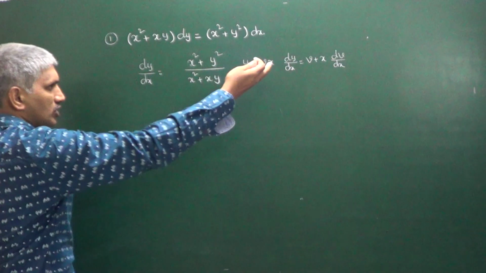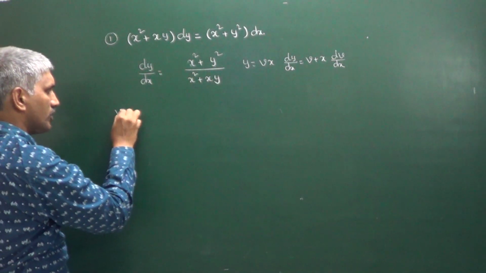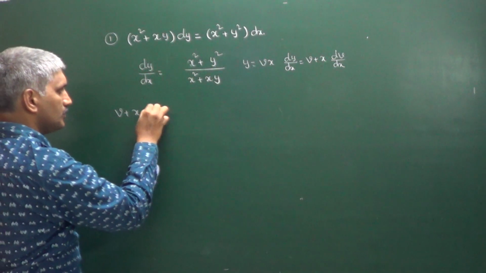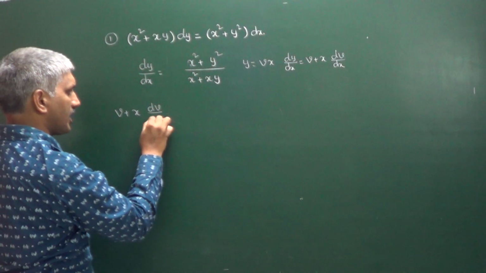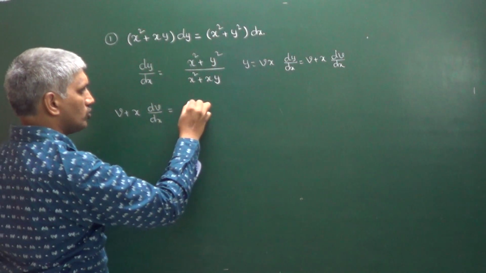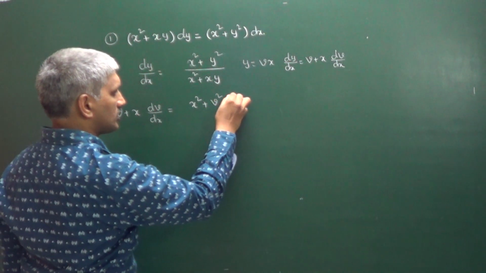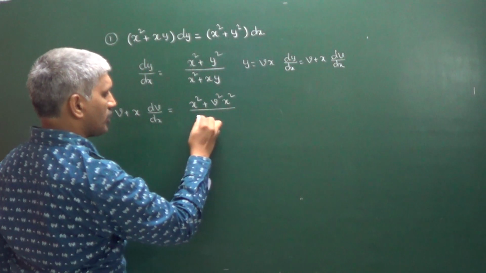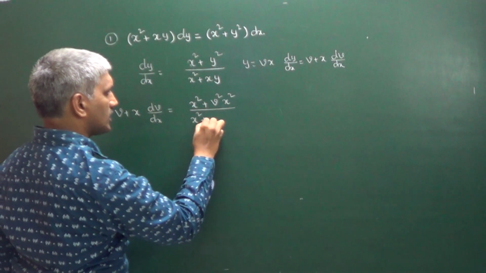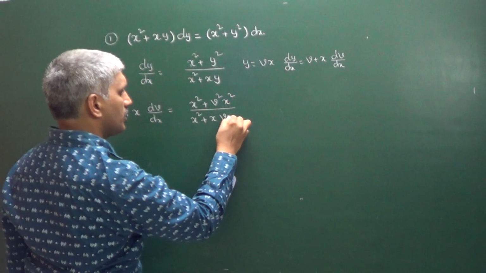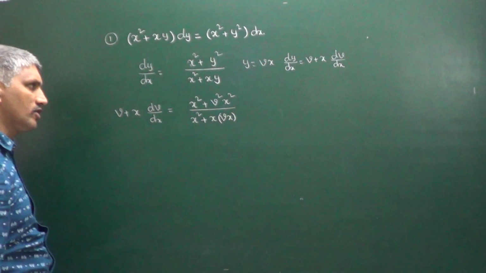Because of this substitution, how does this equation change? v plus x into dv by dx is equal to x square plus v square into x square, because y is equal to vx, divided by x square plus x into, in place of y we are substituting vx.